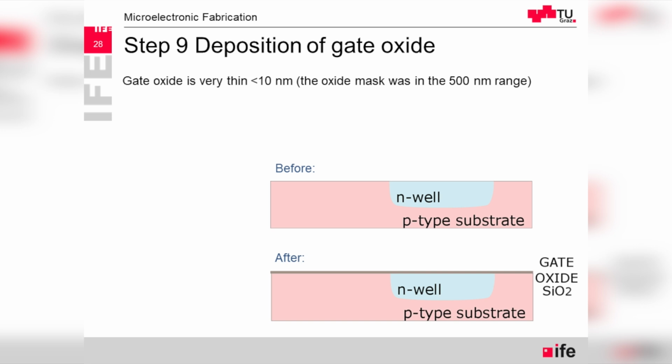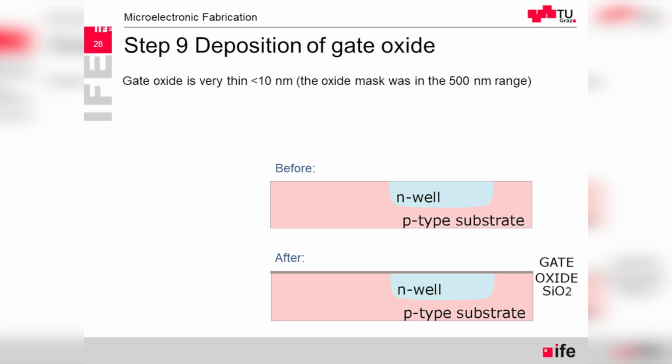The next step is gate oxide deposition. Here we're talking not about the oxide mask that was about 0.5 micrometer thickness. There will be very thin oxides, sometimes more, sometimes less, about 10 nanometers, but even as small as 2 nanometers or less.